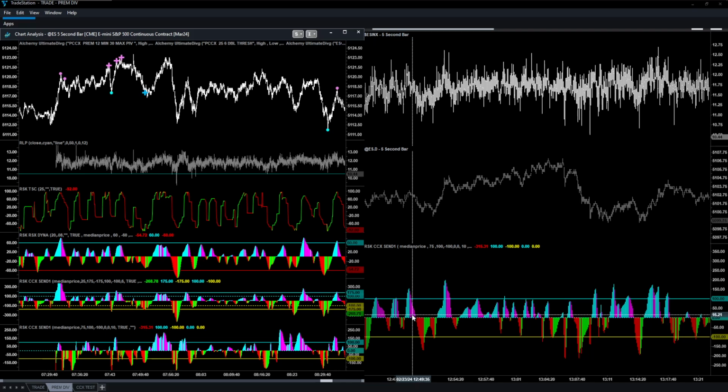Due to some anomalies in the ultimate divergence indicator, if we place the premium in data 2, there's some kind of a glitch that is causing the signals that are coming from it to disappear. To resolve that problem, we created a separate chart where the premium is in data 1 instead of in data 2.